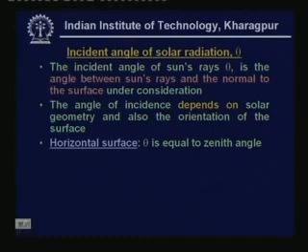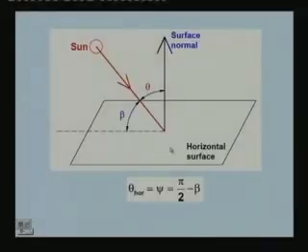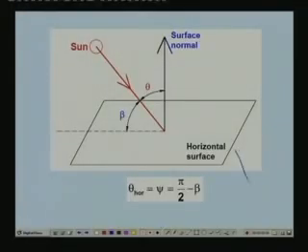This can be shown very easily if you look at this figure. So, this is your horizontal surface, and by definition theta is your angle of incidence, which as I said is defined as the angle between the sun's rays and the surface normal.